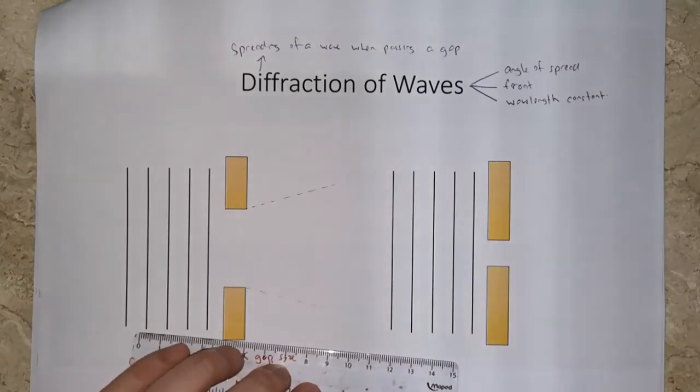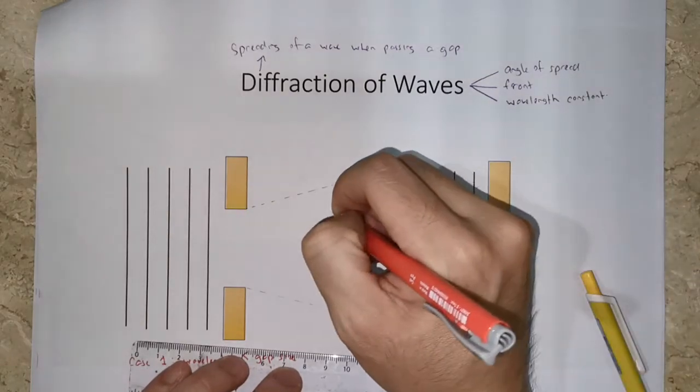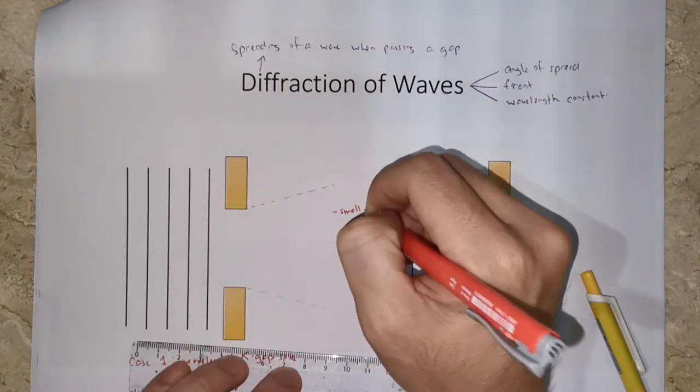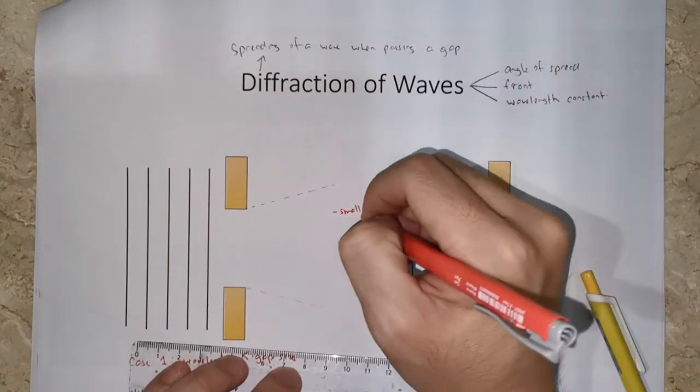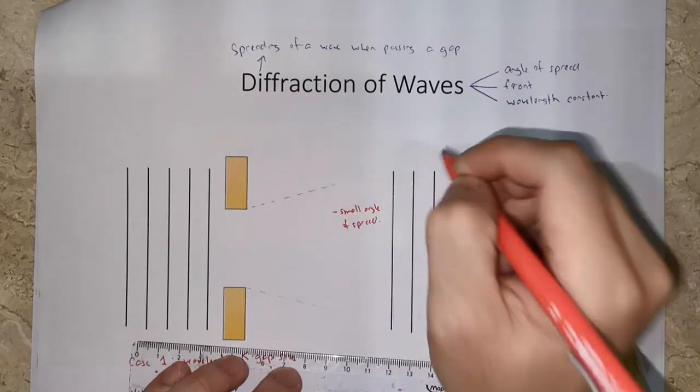Now what we're doing here is trying to make sure that we have a small angle of spread.